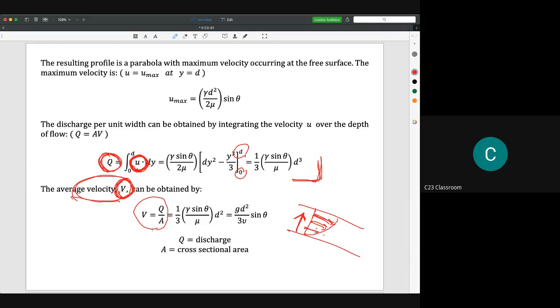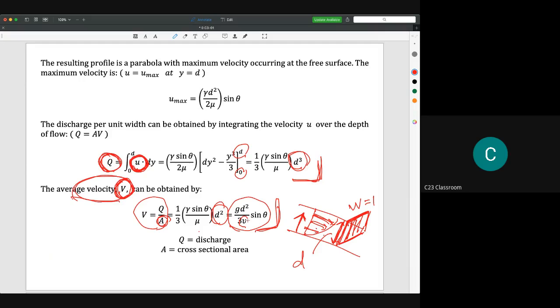So we have Q divided by A. So finally we get this one. For the cross-sectional area here, it is okay for us to calculate the real cross-section of this flow. Because the width here is equal to 1, we divide with the value of d only. If we divide with d, the d cube here reduces into d square. So that's what we get here.